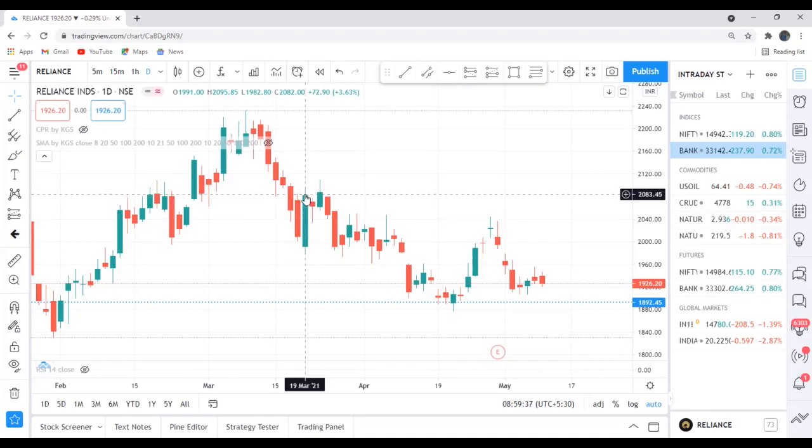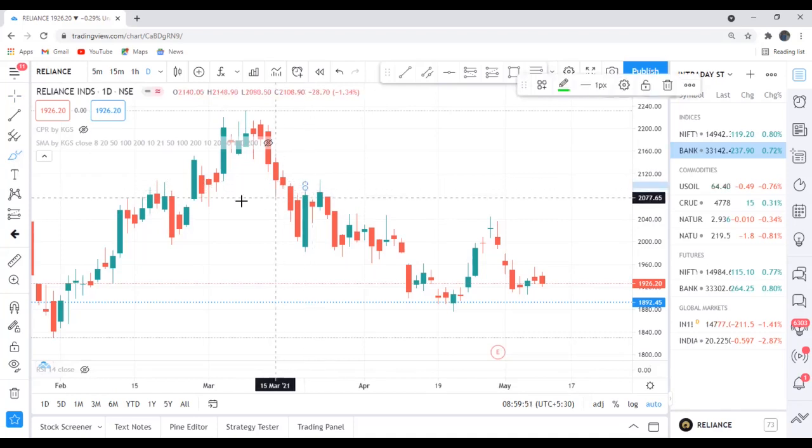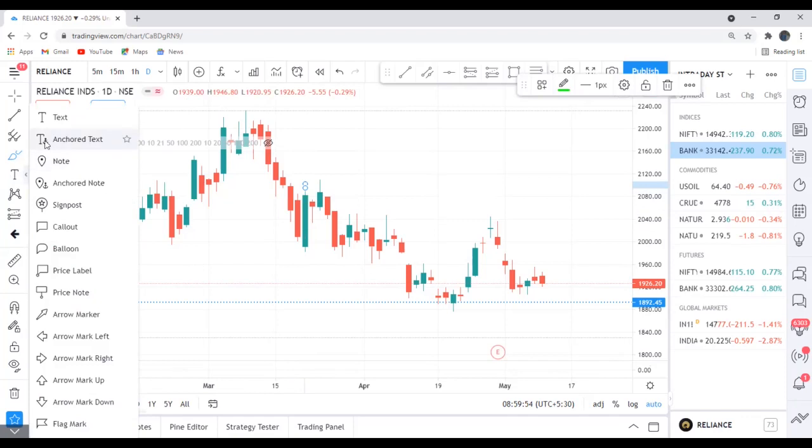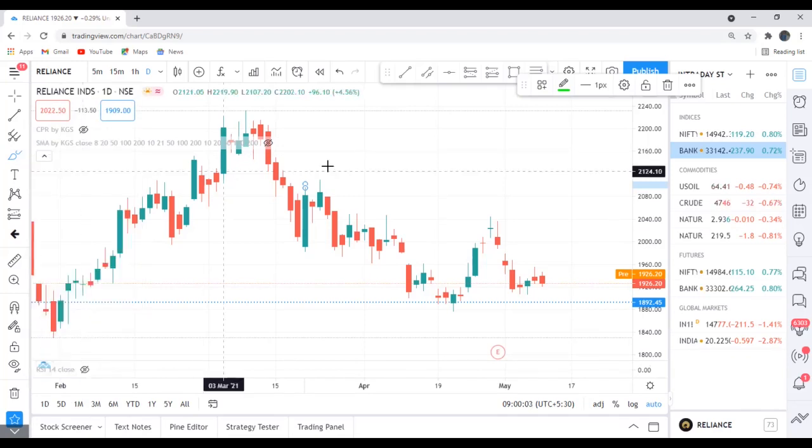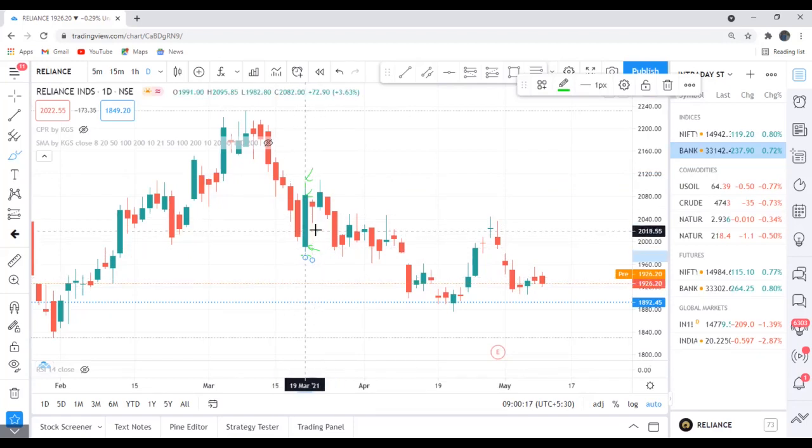So the close value is greater than the open value, so it is a bullish candlestick. This is the open, this is the close, this is the highest and this is the lowest.